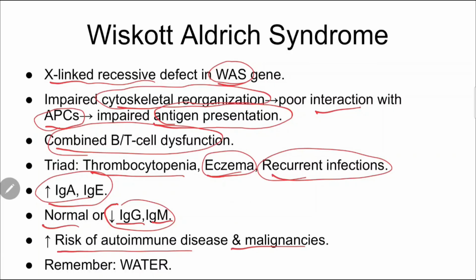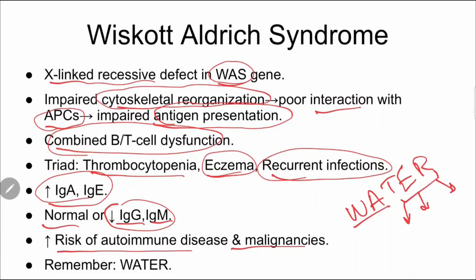And there will be increased risk of developing autoimmune diseases and malignancies, especially lymphoma and leukemia. One of the most interesting ways that I remember this specific disorder, because it gets really confusing, is by the word WATER. WA stands for Wiskott-Aldrich, and the TER represents your triad, which is thrombocytopenia, eczema, and recurrent infections.